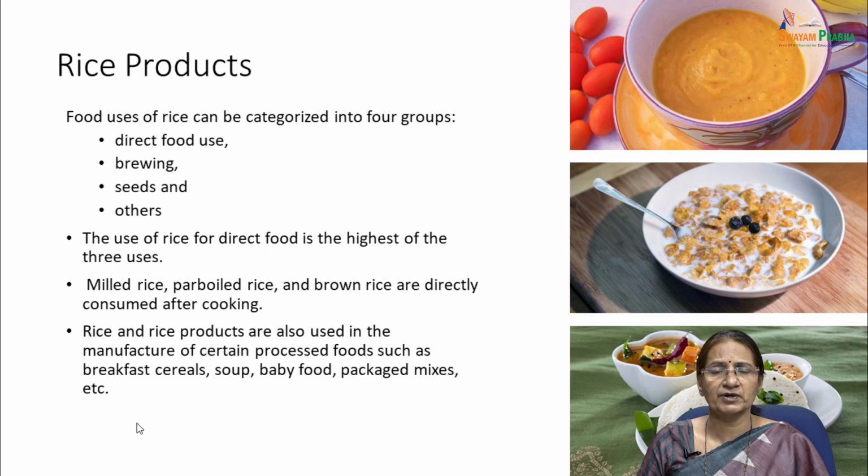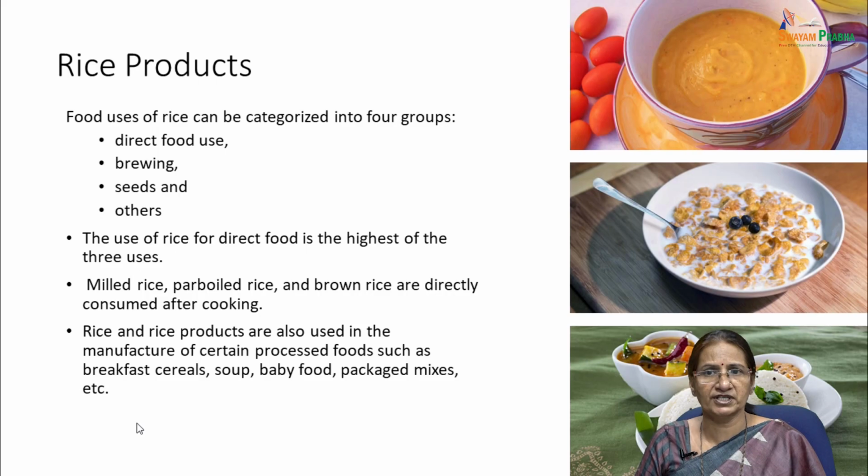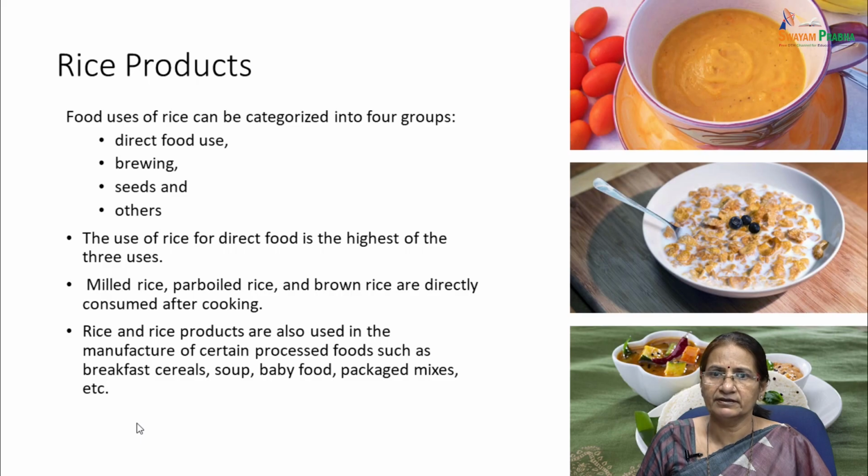Rice and rice products are also used in the manufacture of certain processed foods such as breakfast cereals, soup, baby food, packaged mix, etc. Idli and dosai are common foods in South India, which are prepared from fermented batter of rice and black gram. Fermented beverage, that is sake, is the traditional Japanese rice wine.